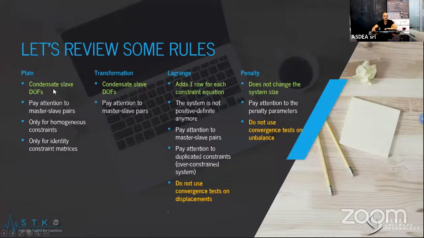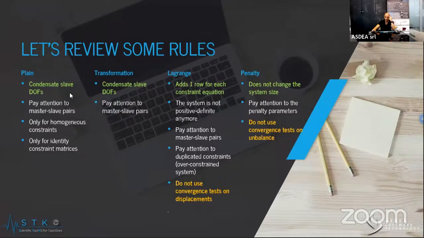Plane and transformation, they have some common features. Both of them do a matrix condensation. It means that some of the degrees of freedom are eliminated from the global stiffness matrix. So the main advantage is that they reduce the size of the stiffness matrix. How does it work?